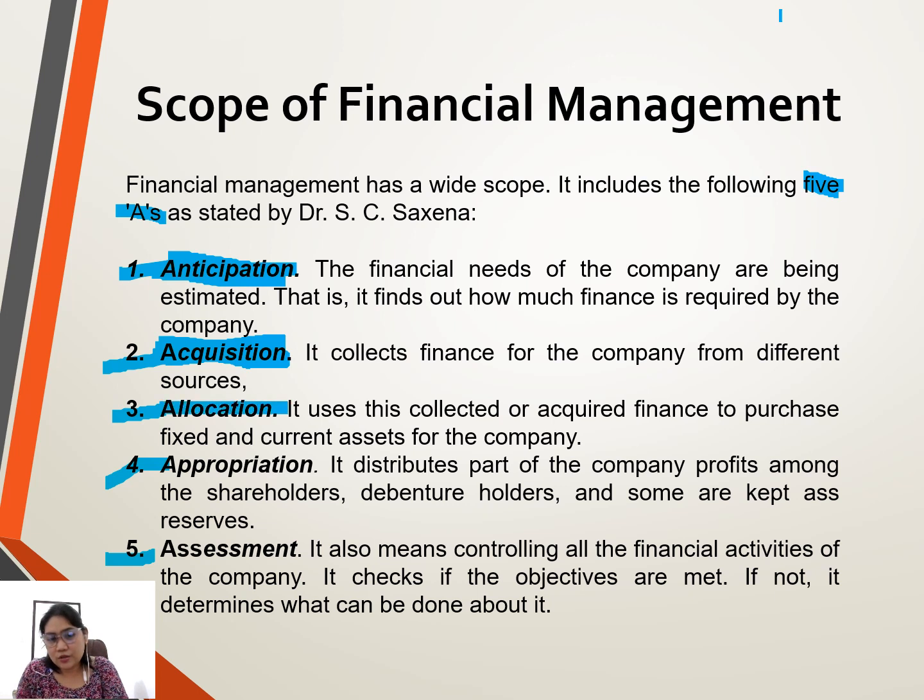Kasunod is allocation. E di may funds ka na. I-allocate mo naman sila. For example, magkano ba para ma-purchase yung mga fixed assets. Ano ba yung fixed assets? For example, the building o kaya yung lupa na pagtatayuan ng building, the equipment na kakailanganin doon sa building nyo.